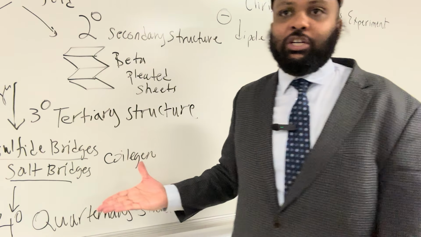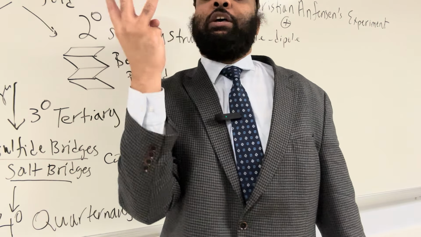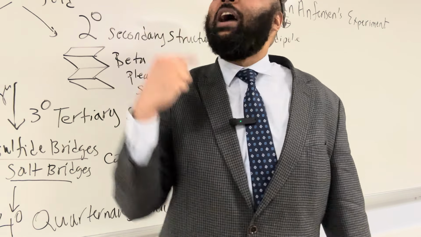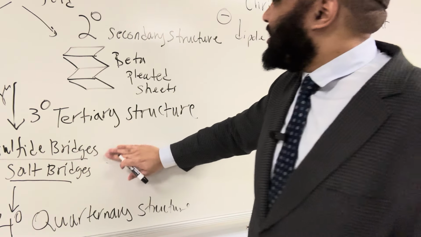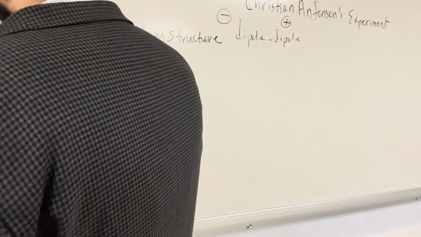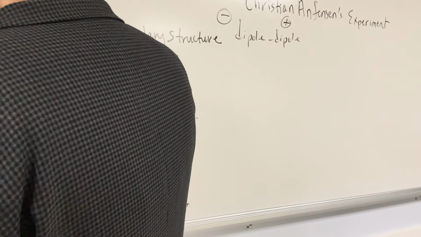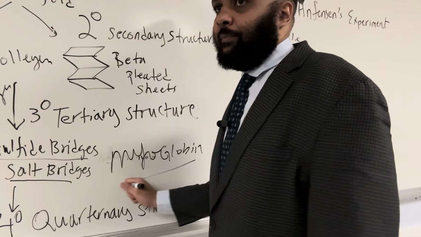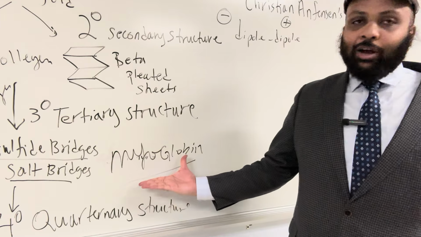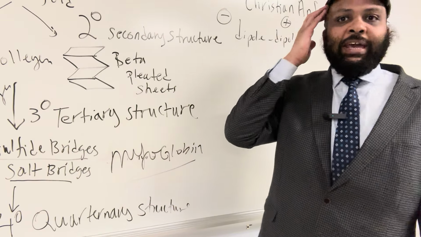So, for example, collagen. We all know collagen is tertiary. Or myoglobin. You know myoglobin? Oops, I said collagen. Oh, collagen is secondary. Collagen is a secondary protein. Myoglobin is tertiary. I'm sorry. So he did that.